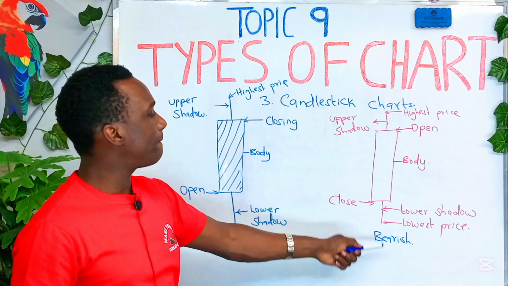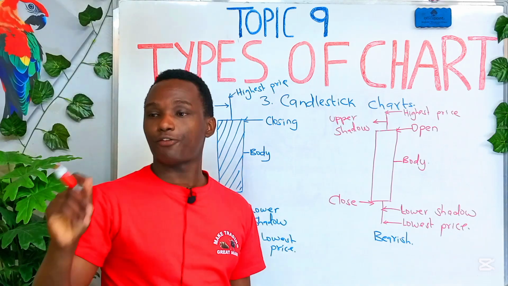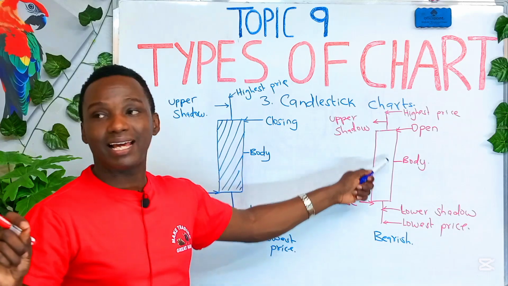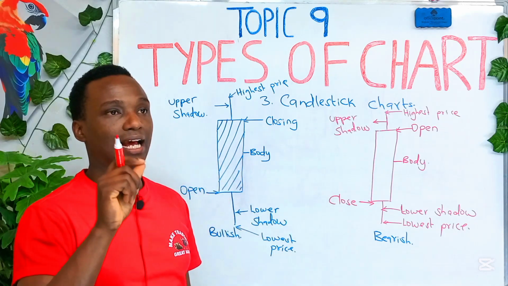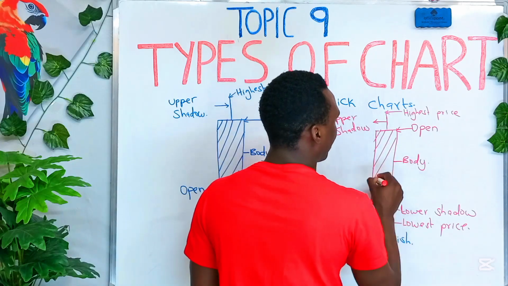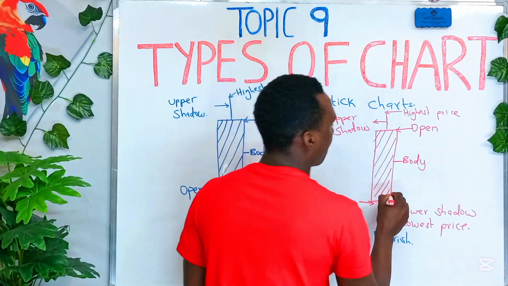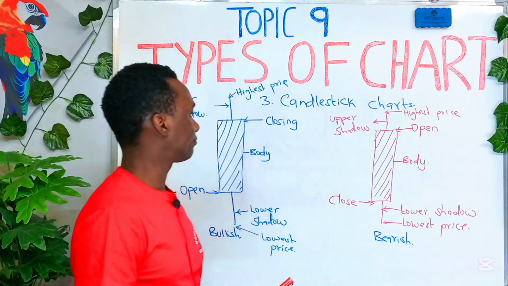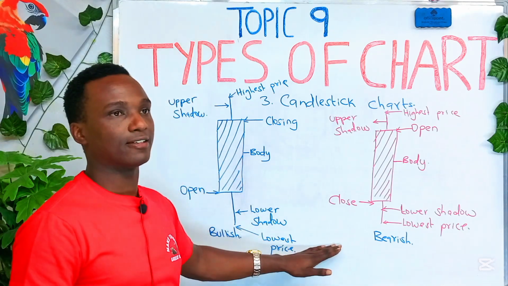So in a bearish candle, mostly from your chart there, you can see that this bar is what color? Color red. So mostly we will find that this bar is a red bar. Is that clear?